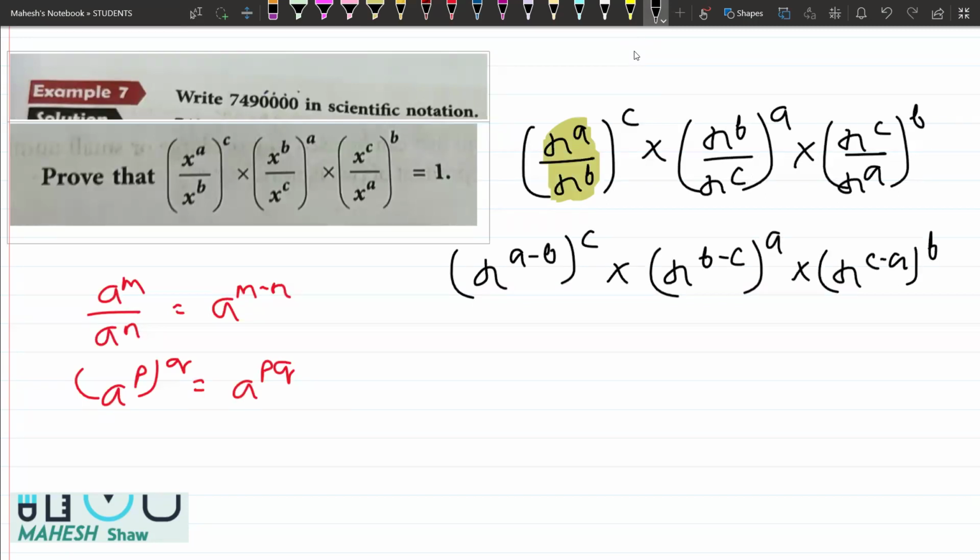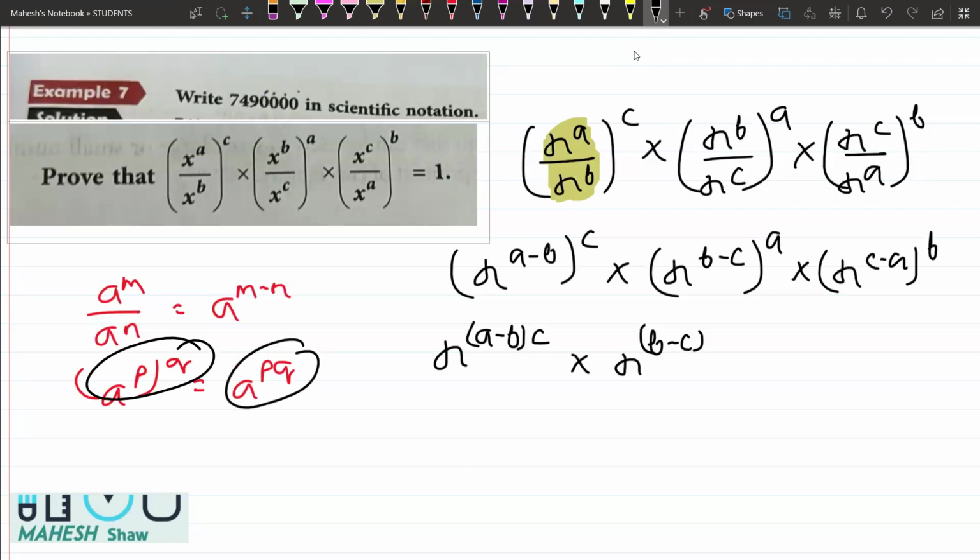Now, power over power is power multiplied. That means this is x raised to the power a minus b multiplied by c, multiplied by x raised to the power b minus c, here I'm applying this property, into a, and finally x raised to the power c minus a, that multiplied by b.